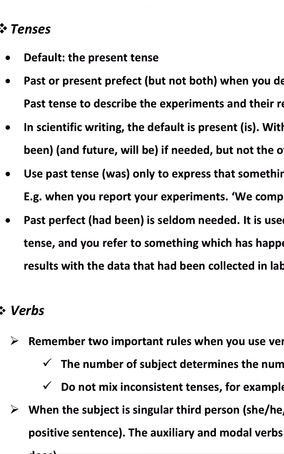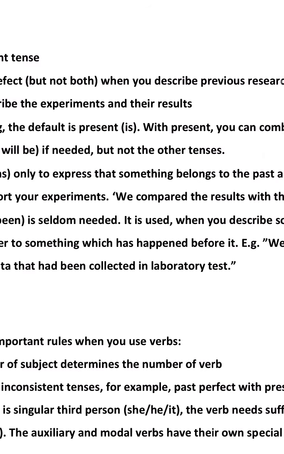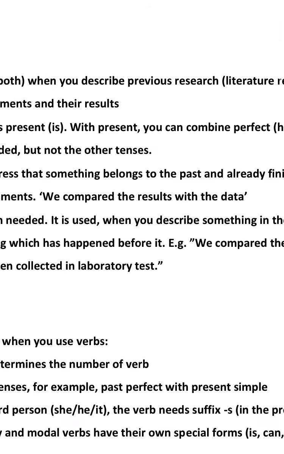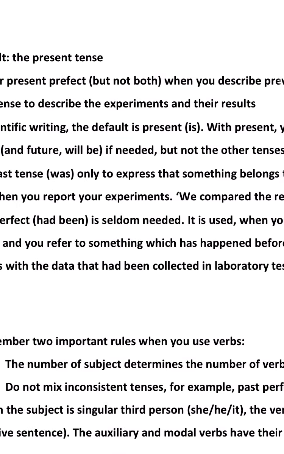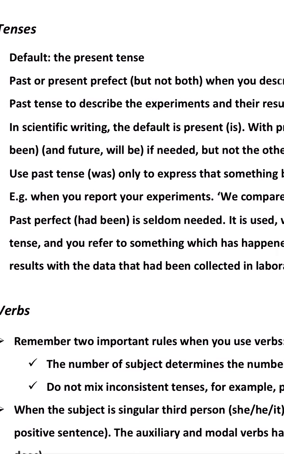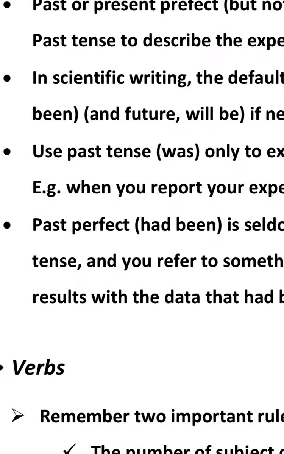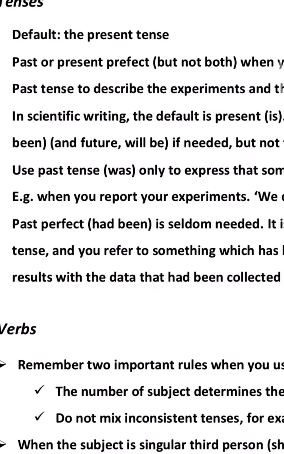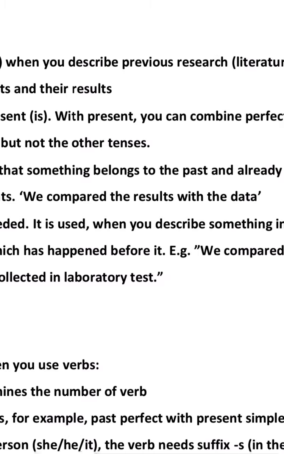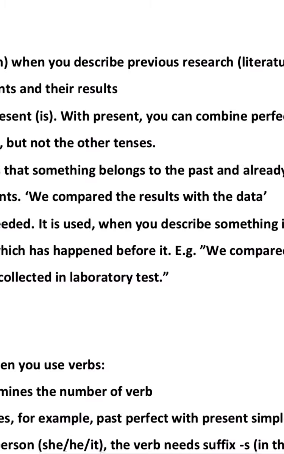Use the past tense only to express that something belongs to the past and is already finished. For example, when you report your experiments, you talk about the experiment you already did and finished. For example, we compared the results with the data.